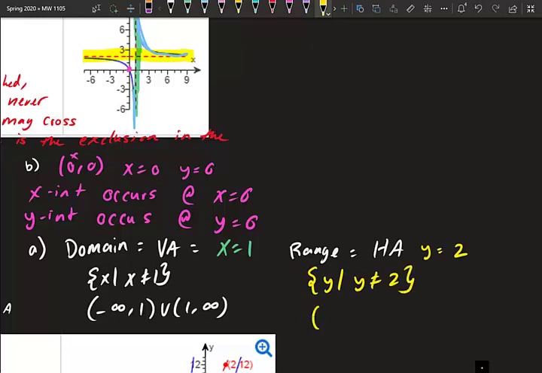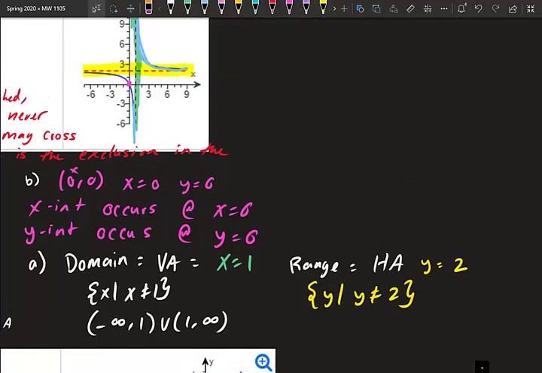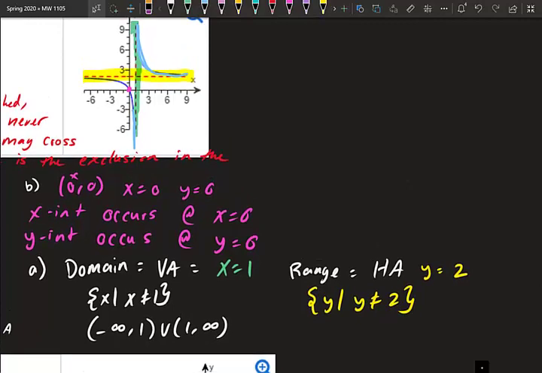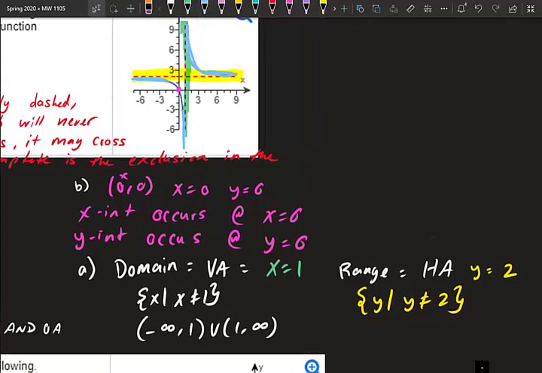Or we can write it in interval notation as well, but I'm not going to. It's the same, just add 2. So see here how it's never, ever, ever crossing here and here. It's never crossing that asymptote, and that's because it's an exclusion in the range. Sometimes you can cross it, but this graph we're not crossing it.